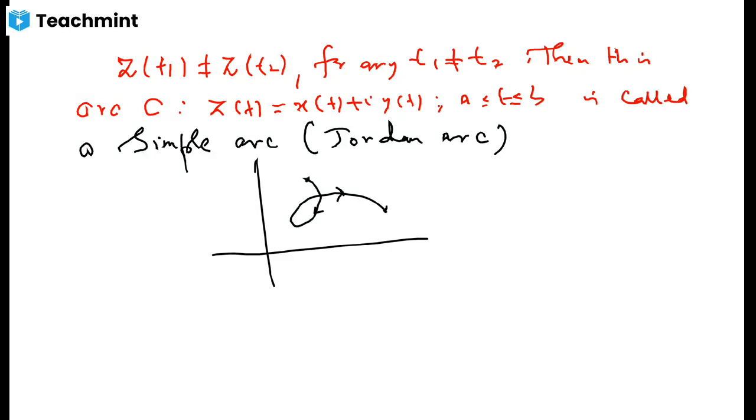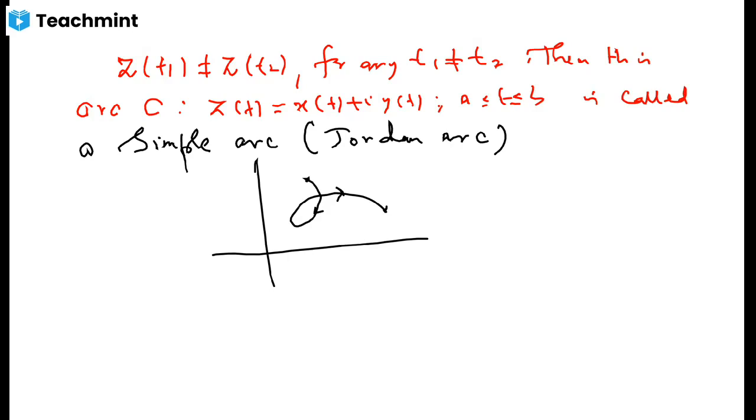But here what we have is that this is not, just a minute. Okay. So what is the problem here? Here the problem is with this point.